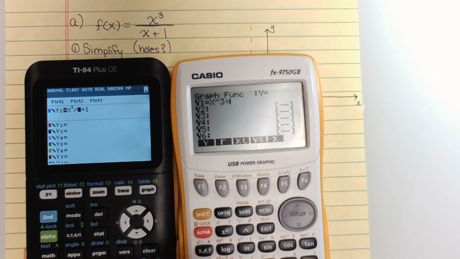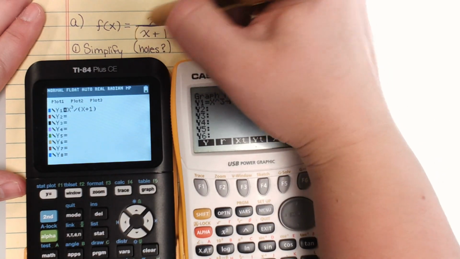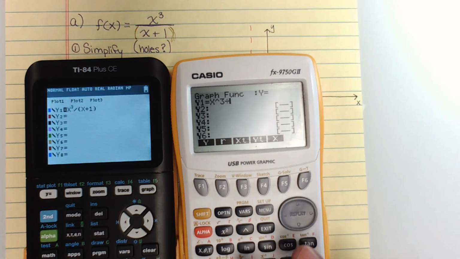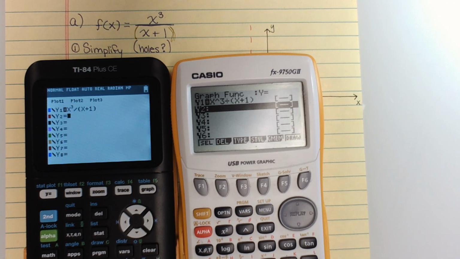Do not forget to put parentheses around things with pluses and minuses. Once you have it in, click enter or execute on your calculator. It'll go down to Y2. That's what you want it to do. Everyone gotten as far as gotten their equation typed in?